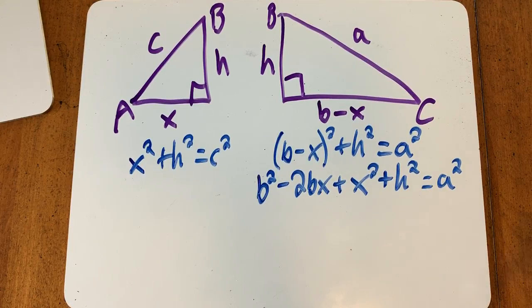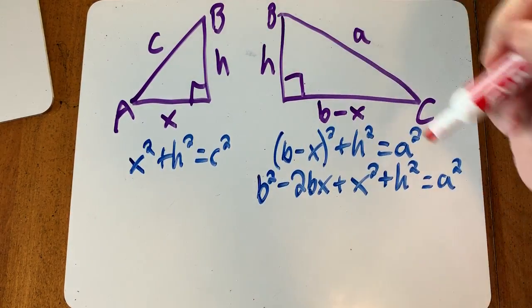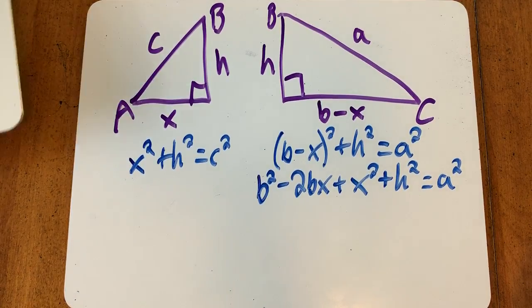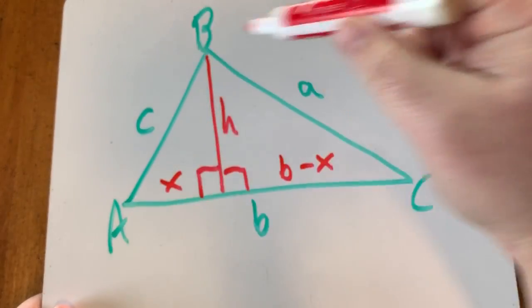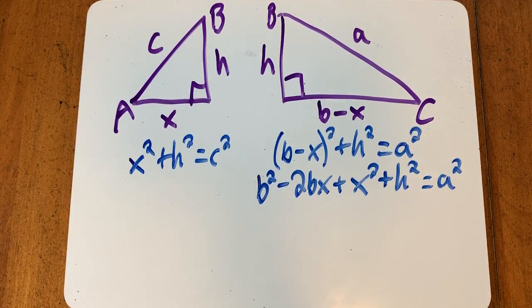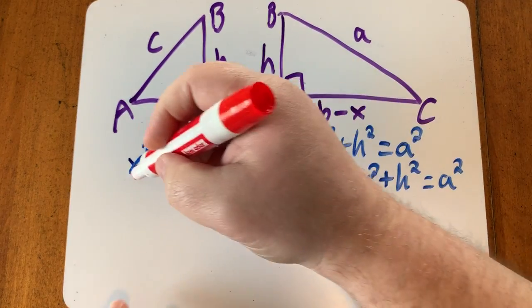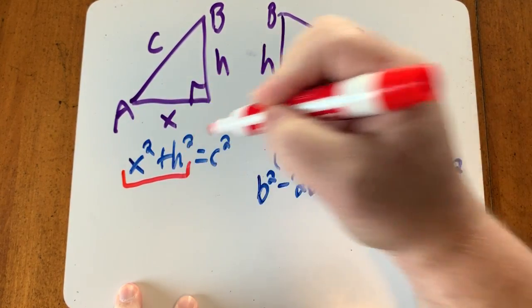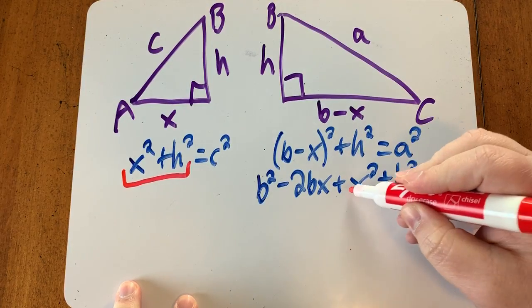But x and h are not part of our original triangle. Our original triangle was just angles A, B, and C and sides A, B, and C. So with these two equations, we want to try and find a way to get it all in terms of A, B, and C. Well, we have this x squared plus h squared equals c squared.